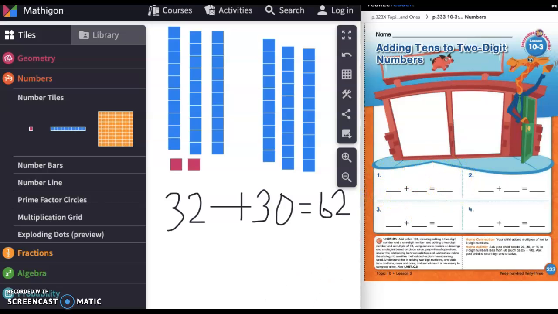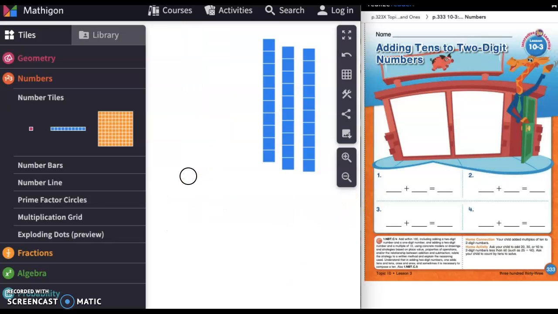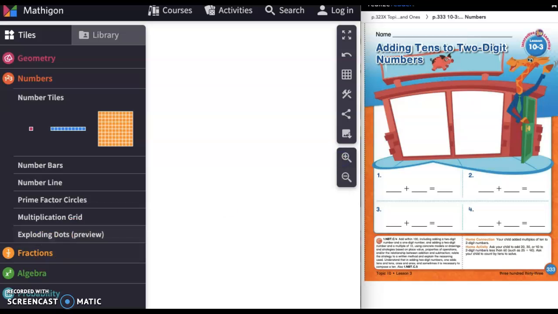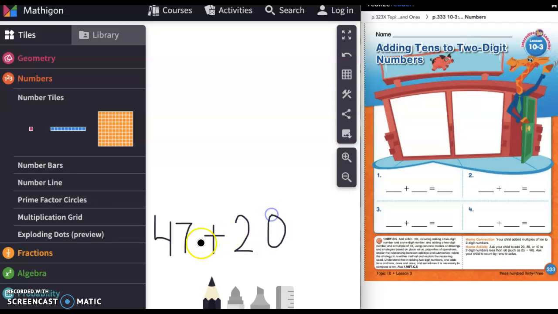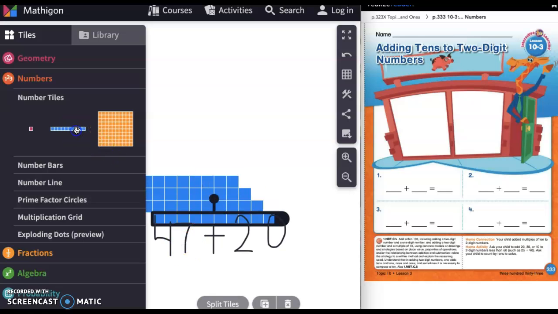Okay, let's go ahead and try another one. So I'm going to erase this and let's try 47 plus 20. So if we're doing 47, that tells me I have 4 groups of 10. Here's my tens column with 7 ones. So 1, 2, 3, 4.